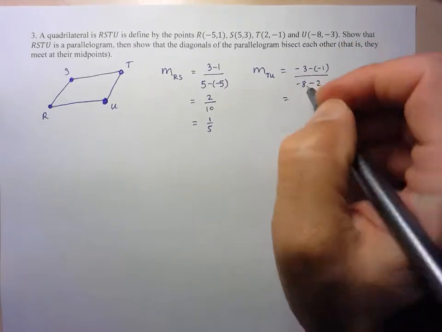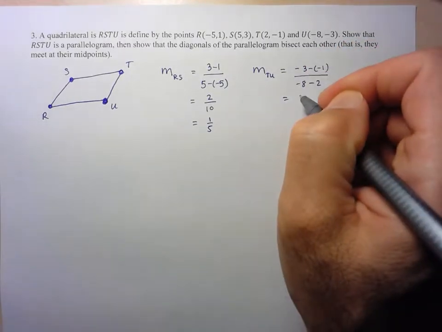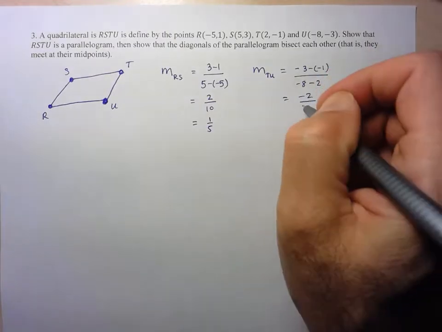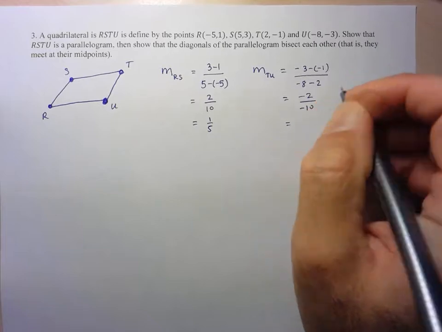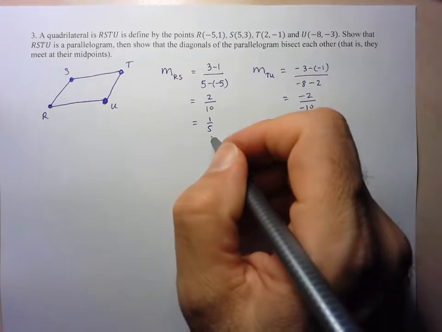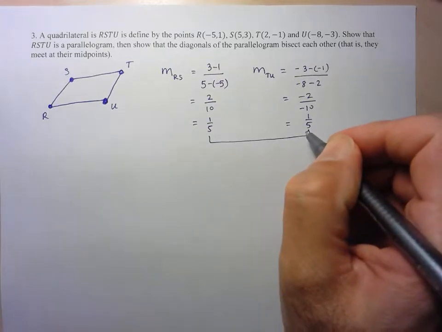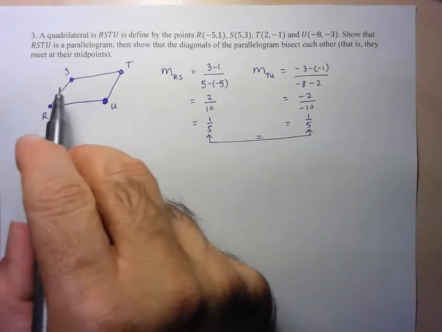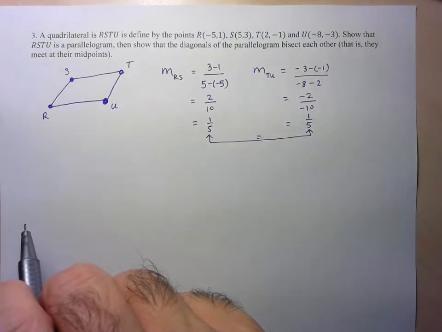So we have negative 3 plus 1, which becomes negative 2, and negative 8 minus 2 is negative 10. When I simplify, this is still equal to 1 over 5. So we see that these two slopes are indeed equal, so these two opposite sides are parallel.